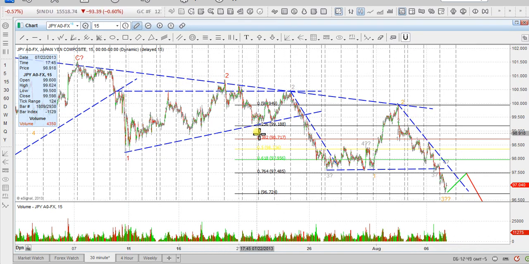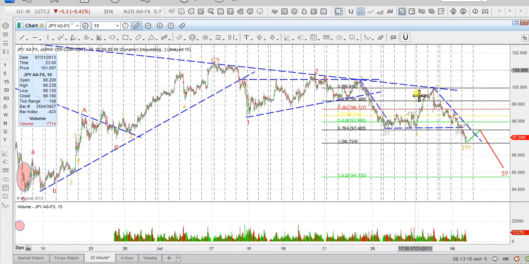Initially we had the subwaves as 1, 2, 3, but then we see prices push beyond the initial point, so we had to relabel, and then we had it at 1, 2, 3, 4, 5. Then we got the correction going up, and it corrected 76.4% as well. And now we're working on that third wave.